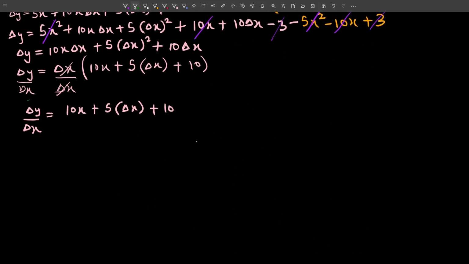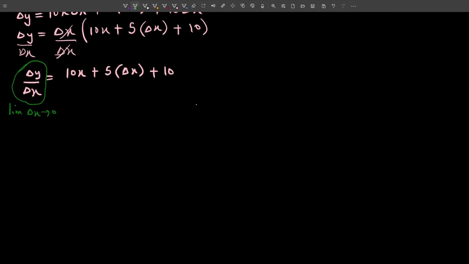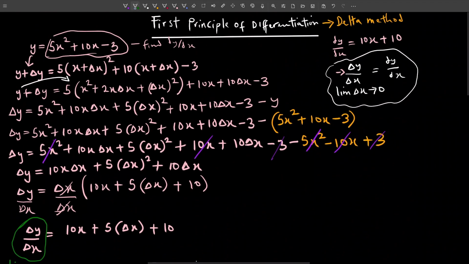Change in y over change in x and dy/dx are two different things. So what do we do? We limit change in x to 0. And once you do that, change in y over change in x will become dy/dx, just like I said up here.